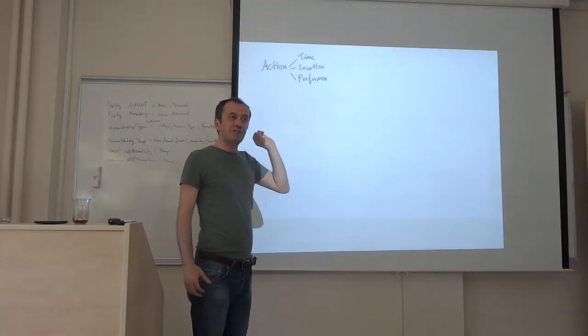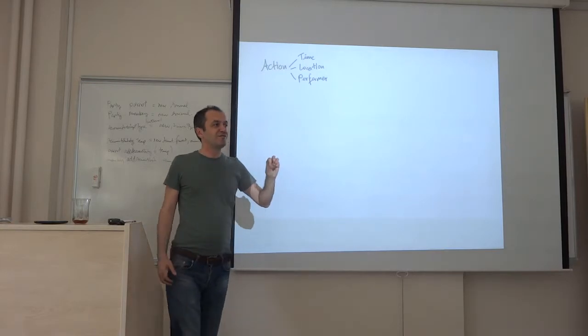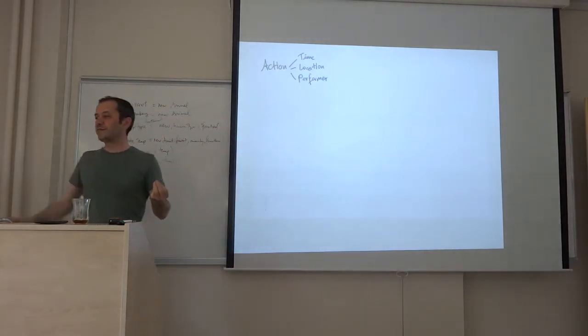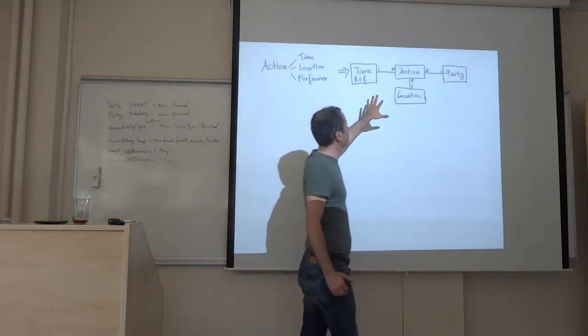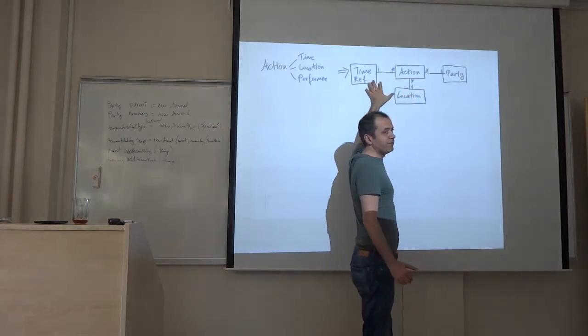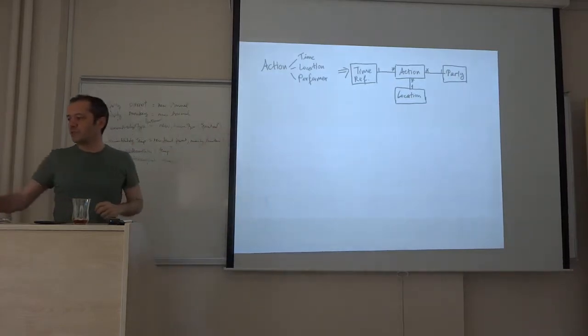Maybe location in this case is a moving location. Or maybe this location is a path in this case. So what I have is an action, a party, it has a location, it has a time reference. It is happening in a certain time. This is how we describe it.